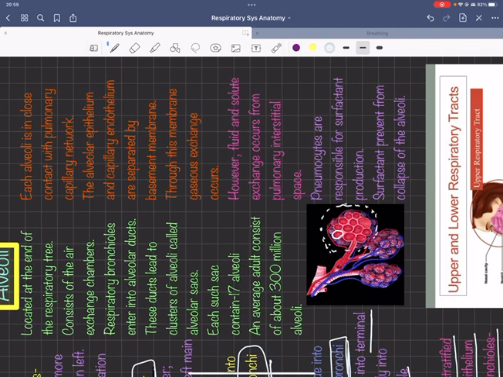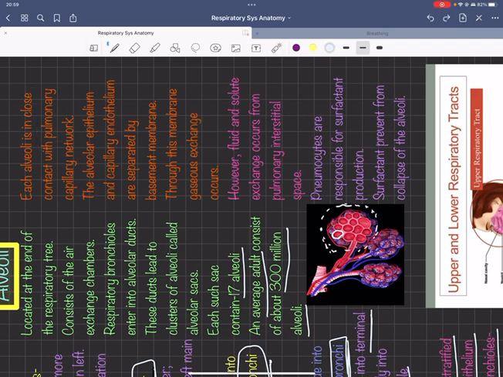Within an alveolar sac there are about 17 alveoli, and an average adult has about 300 million alveoli. So you can imagine how many alveoli are required for a human being to breathe on a day-to-day basis. Now, each alveolus is in close contact with the pulmonary capillary network.